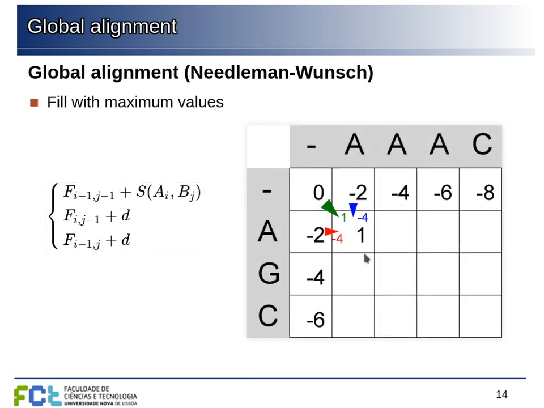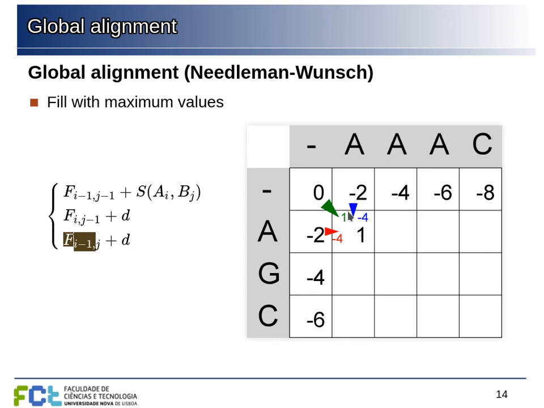And now we can do this for the next cell. Basically, we can do this for any cell for which we already have the 3 previous neighbors filled in, because these 3 neighbors correspond, the one on the diagonal to the first branch here, and the other 2 to the other 2 branches here. So we have all these: F(i-1, j-1), F(i, j-1), or F(i-1, j).